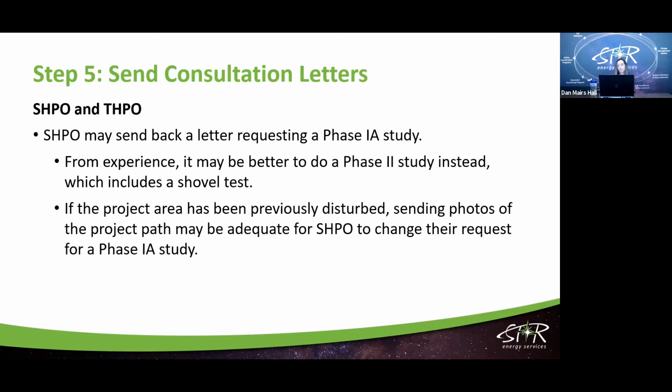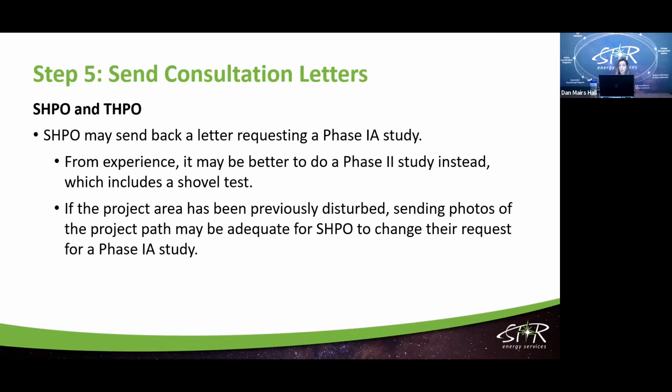So we always provide street view photos of a portion of the project path in our project description that we send to SHPO. Usually it's just anytime the project takes a turn down the road at an intersection or something, we take street views showing where the project is going.